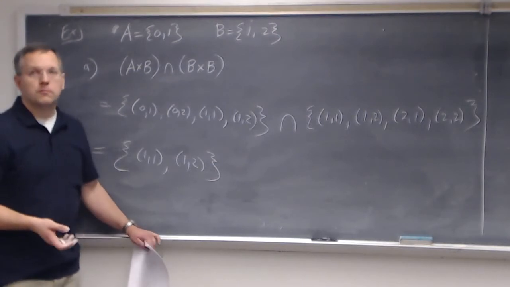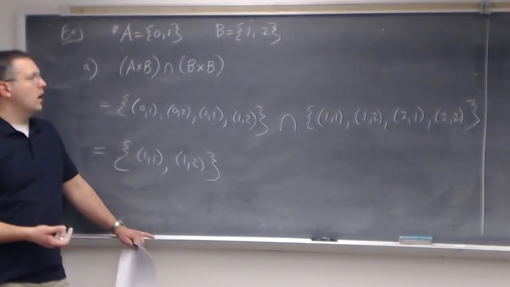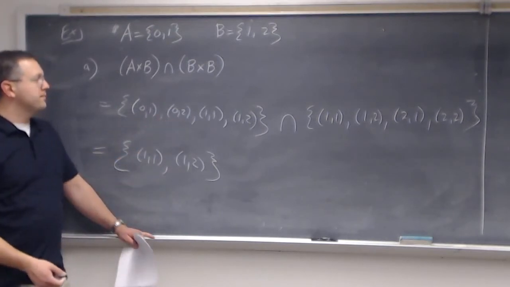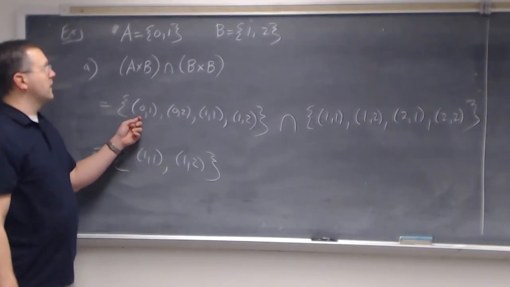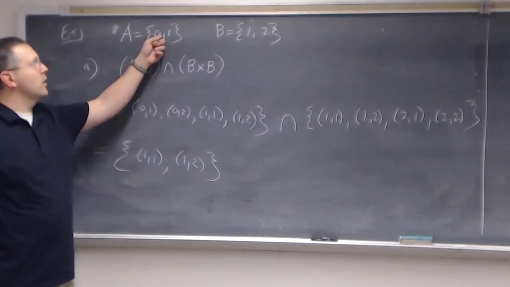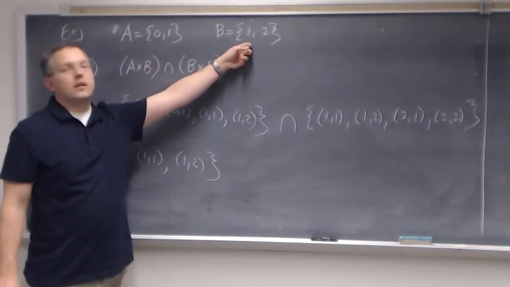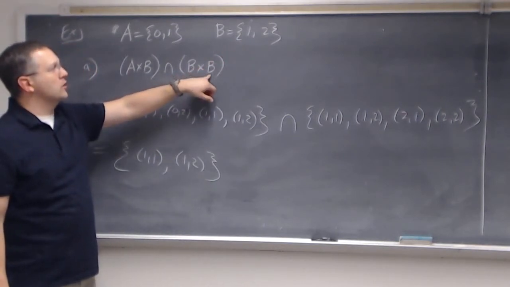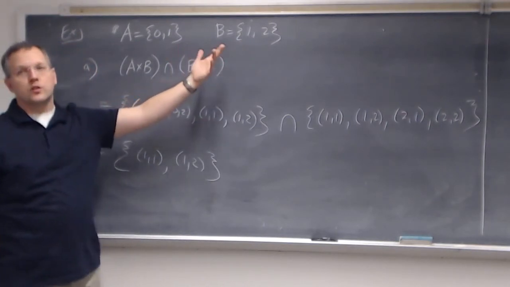Is there a shortcut to figuring that out, or do you have to do it the long way? I mean, you just think about it. You kind of go one at a time. Well, 0 is not in B. So for B cross B, the coordinates are either 1s or 2s.